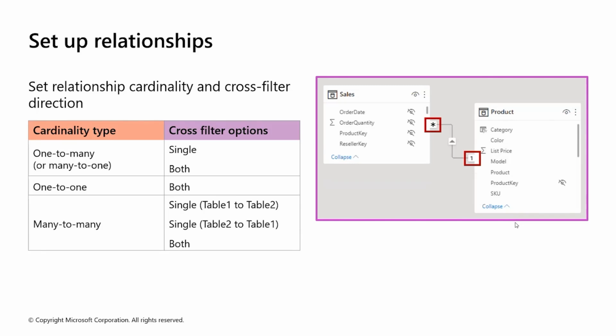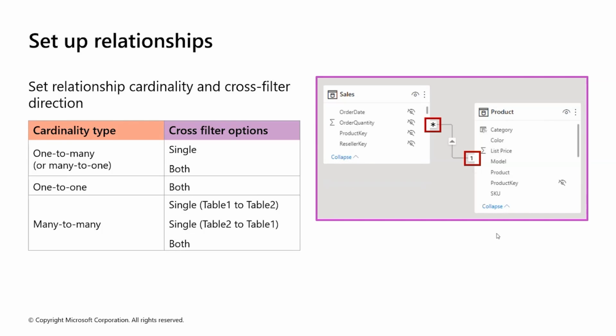whether it's a 1 or star, or we can also call it a wildcard character, on either side of the relationship line, as it's visible in the figure as well. So to determine which columns are related, you will need to select or hover the cursor over the relationship line to highlight the related columns.